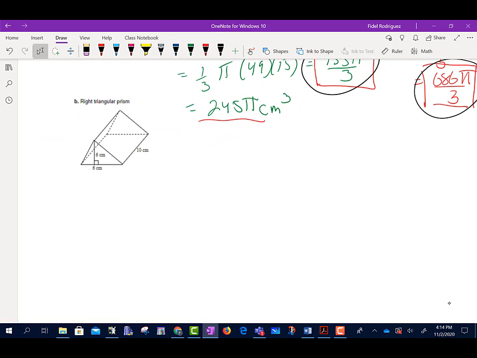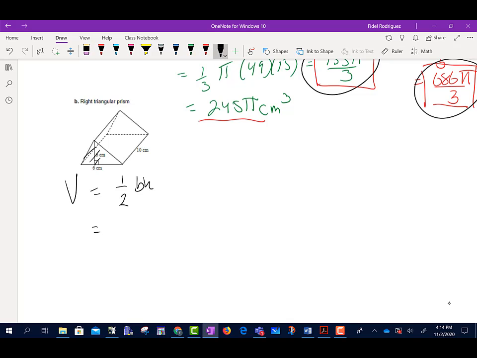So let's see if we can do the next one. Here we have the volume of a right triangular prism. So the way I'm going to find the volume here, guys, I'm going to take the area of the base, and we're going to multiply it by the height. So remember, the area of that triangle is 1/2 the base times the height.